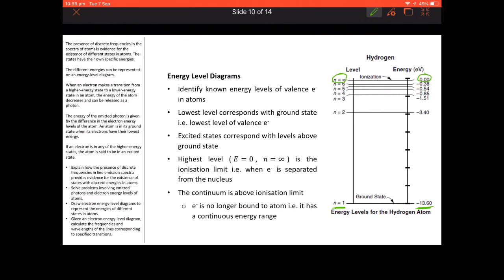So the atom is ionized, so it's lost an electron. And the continuum, which isn't shown in this picture, but is usually a shaded-in section, is above the ionization limit, and it's when the electron is no longer bound to the atom, so it has a continuous range of energy because it's free from the atom, so it's free to move around.